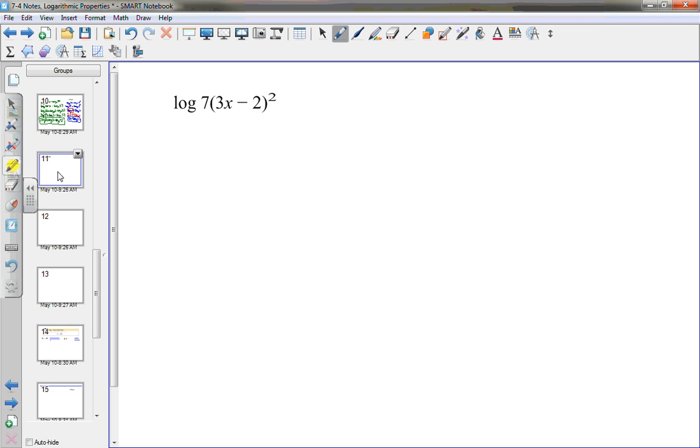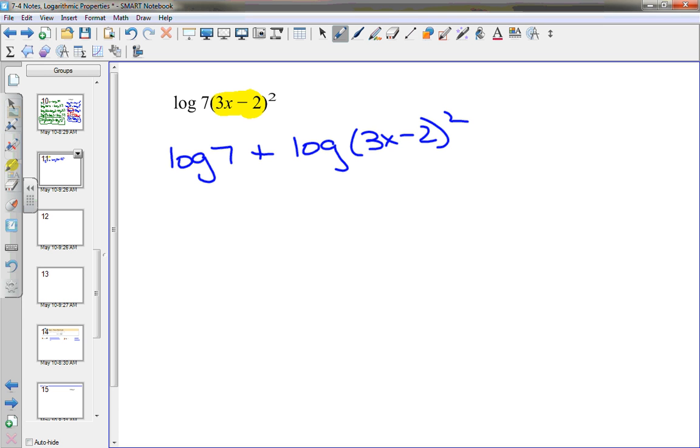Okay, now here's what I want you to understand. When you have subtraction, it's the head of the body already. You cannot separate that. So pretend it's just an x, okay? If you have something that looks like that, 3x minus 2 hangs out together always. So in this case, they're attached by multiplication. So what is that? Addition. So log of 7 plus log of 3x minus 2 squared.